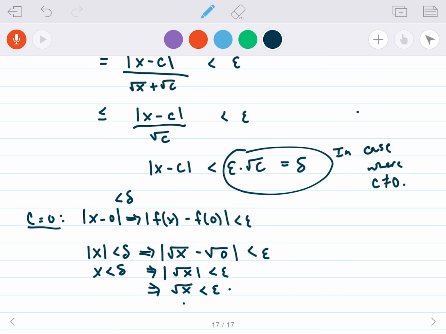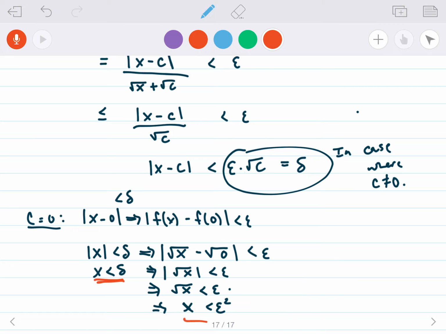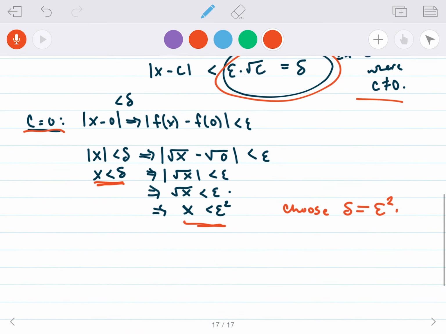So if I square both sides down here, I get x is less than epsilon squared. So it suffices to pick delta as epsilon squared. So in that case, we chose delta was epsilon times root c. When c is 0, choose delta equal epsilon squared. Okay, so we have two cases to do.